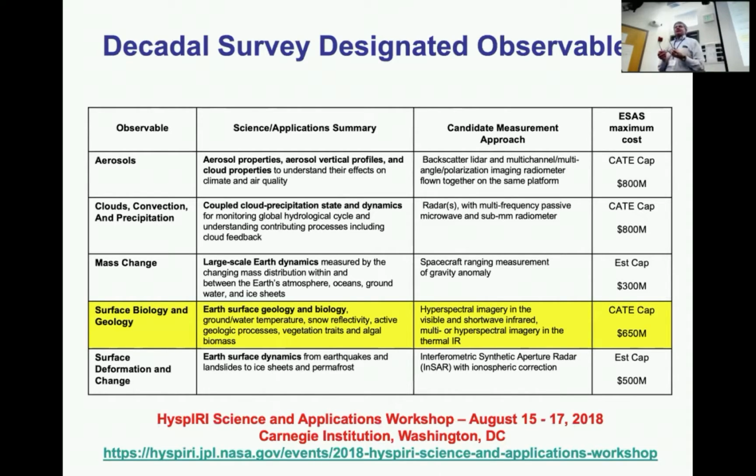This is basically a visible shortwave infrared system, so 350-ish to 2,500 nanometers, starting in the UV, going to the visible, near infrared, then shortwave infrared. Shortwave actually gives you a lot, because most plants deal with visible light in a common way, but they don't all deal with shortwave.